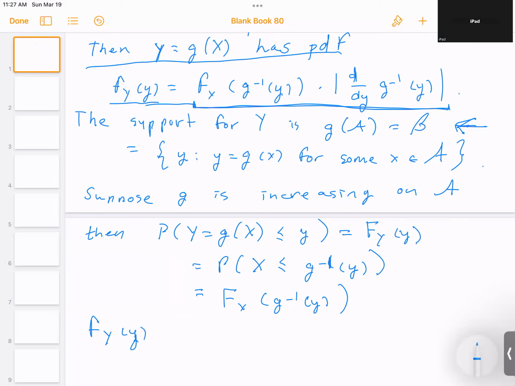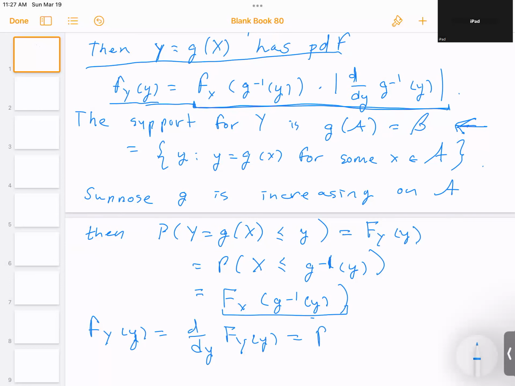So then f_Y is just d/dy of this, and it is the chain rule.